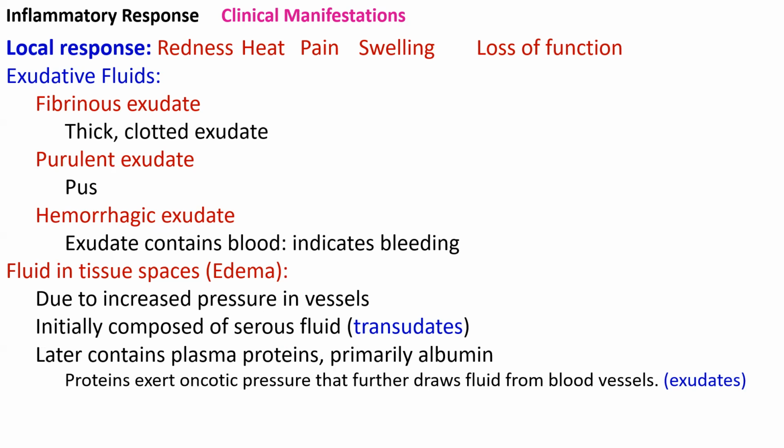As the plasma protein fibrinogen leaves the blood, it is activated to fibrin by products of the injured cells, and the fibrin strengthens the blood clot formed by the platelets.